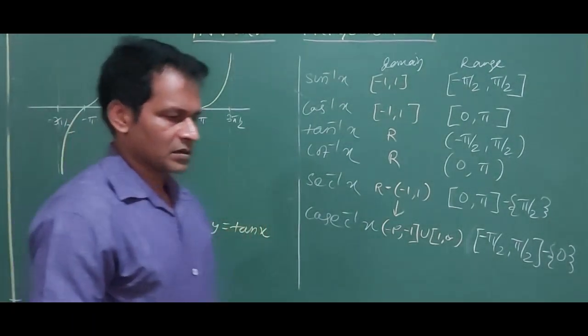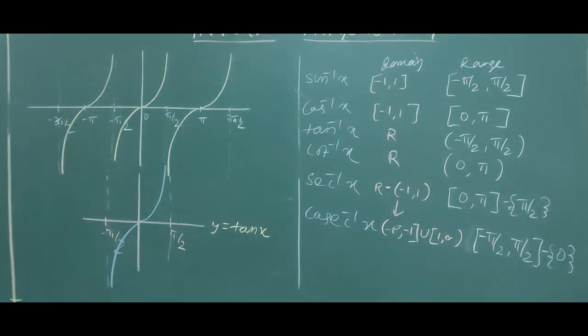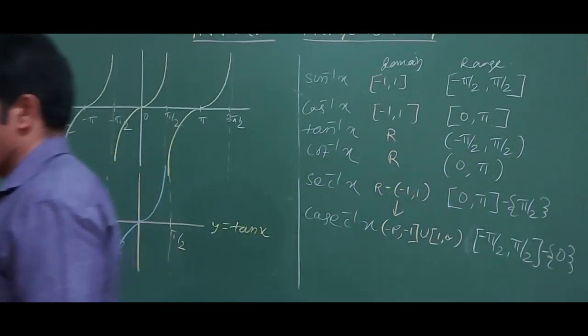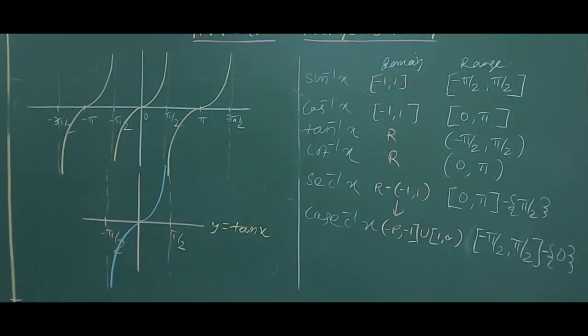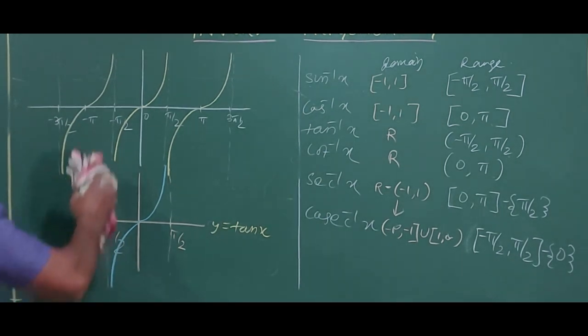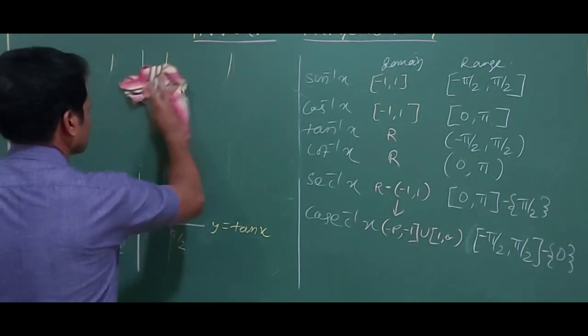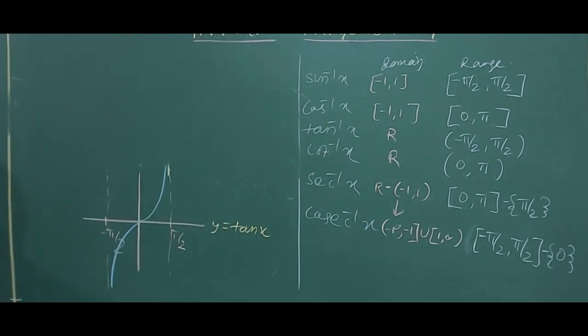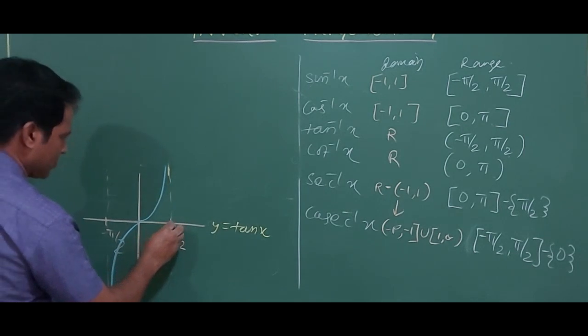Let me see whether the graphs are clear or not. Okay. Now I will go for the tan inverse graph. Fine. This is 0 to pi by 2.